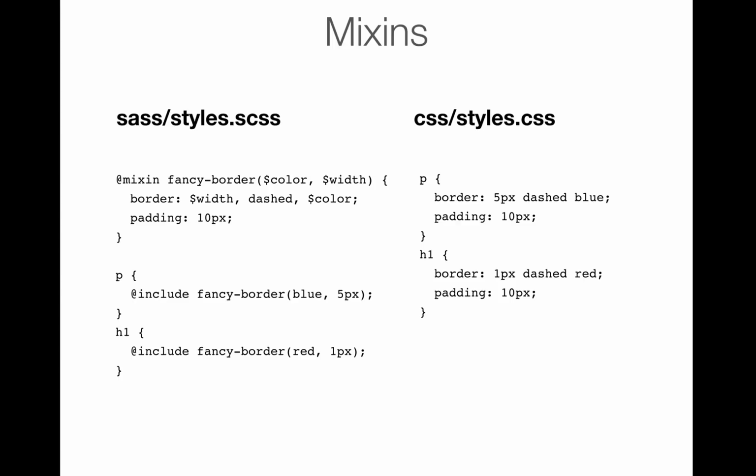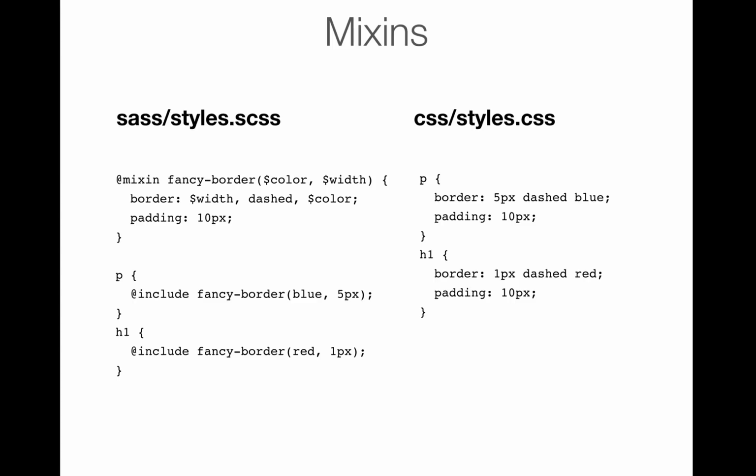So for example, this mixin is called fancy border, and it takes a color argument and a width argument. So you can have a different color and width depending on how this mixin is used. So when you're defining the mixin, when you're actually writing out the CSS, you just need to include the 2 arguments like you see here. So it's the same kind of syntax like you see with the variables where you have a $ sign at the beginning.